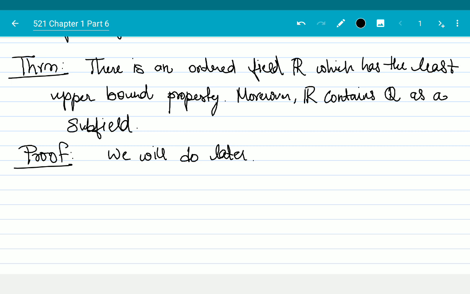Now, there is a slightly important implication of what the statement means. The second statement means R contains Q as a subfield.